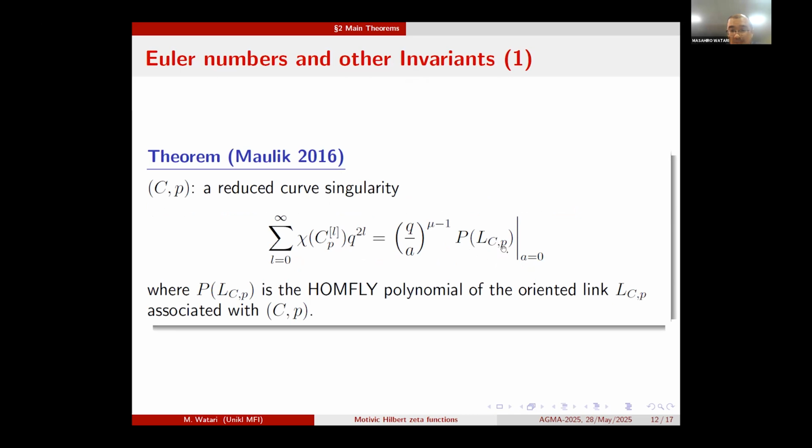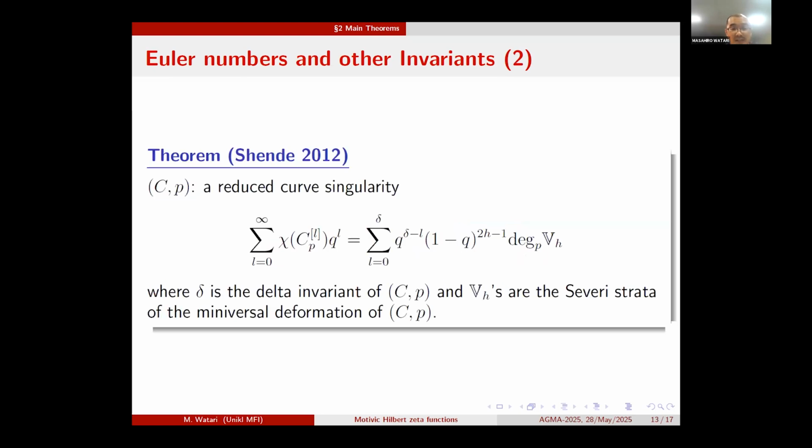Here, L_{C,P} is the link associated with the singularity, and P is the HOMFLY polynomial. So this relation between the generating function of Euler numbers and the HOMFLY polynomial was proved in 2016.